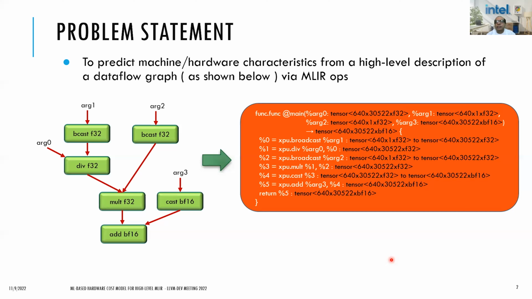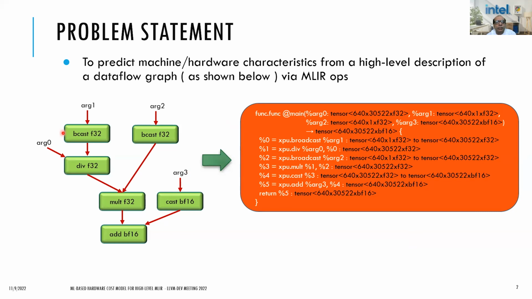The dimensions of these tensors are given by these cross values. So 6640 cross 30522 just means it's a two-dimensional tensor, which takes a data type of F32. These are the arguments. And finally, what is returned by this function is another tensor of a similar size, but with the type being BF16 and not F32 anymore.